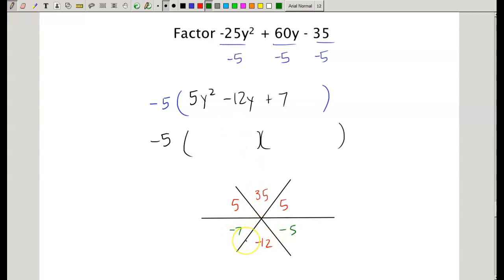And this works. That means that this is going to factor, and we are going to go ahead and reduce our columns here. This is already reduced right here, but this one can be reduced to 1 over -1. So those are my factorings. I'm going to have 5y minus 7 from this one, and then I'm going to have 1y minus 1 from this one. So there's my final answer.